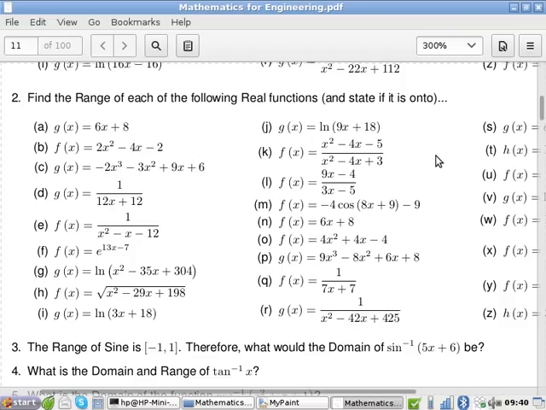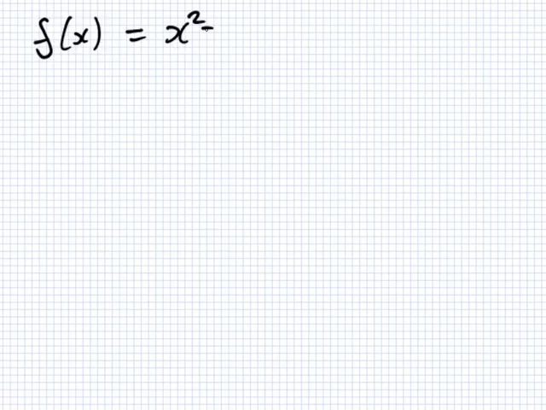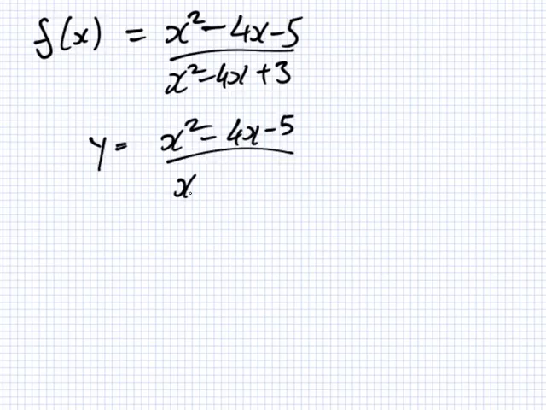Great. Okay, so, what was it? X squared minus 4x minus 5 over x squared minus 4x plus 3. Right, so step 1, make it equal to y. I would be very sad if you didn't get this step.